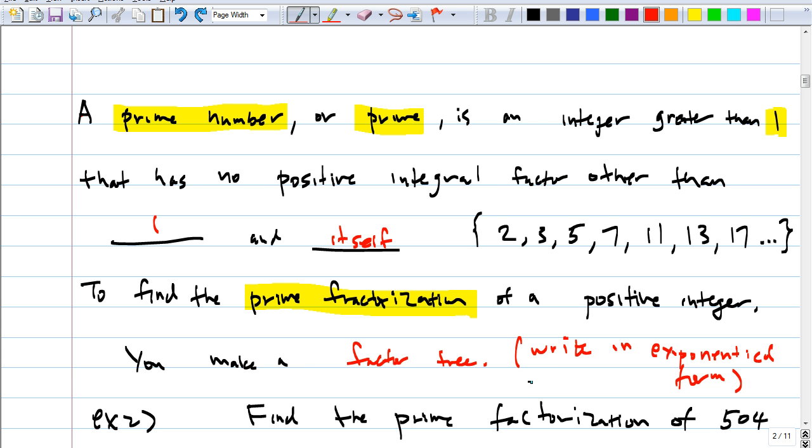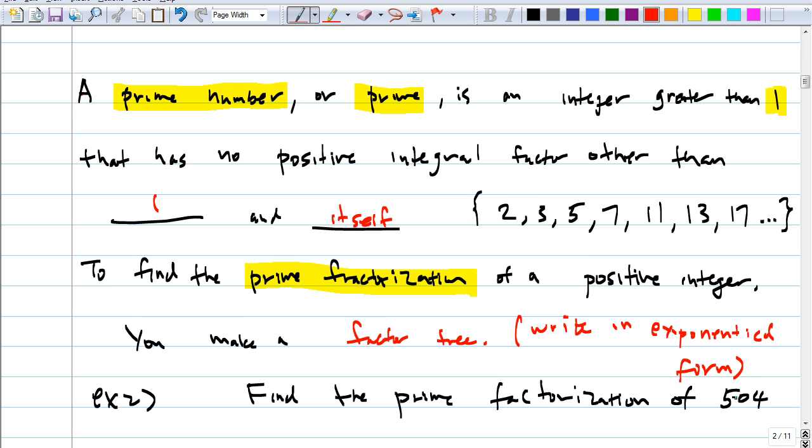You keep going, and you stop when you reach a prime number. That's why it's called prime factorization. And at the end, I want you to write the number in exponential form. Whenever we do a prime factorization, I want you to write the numbers in exponential form. Does that make sense?